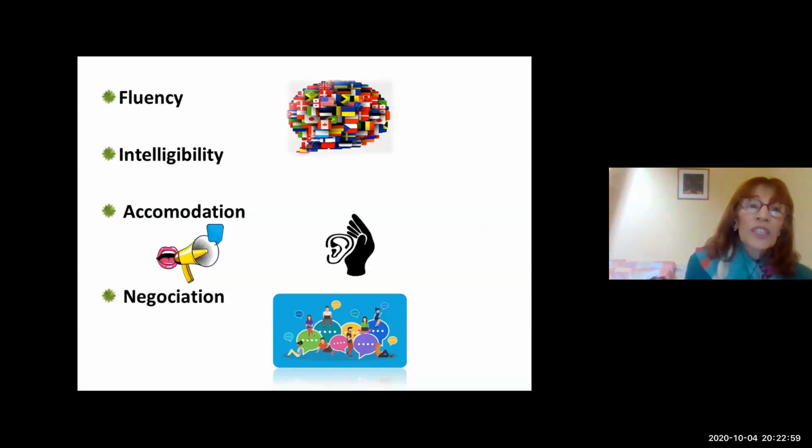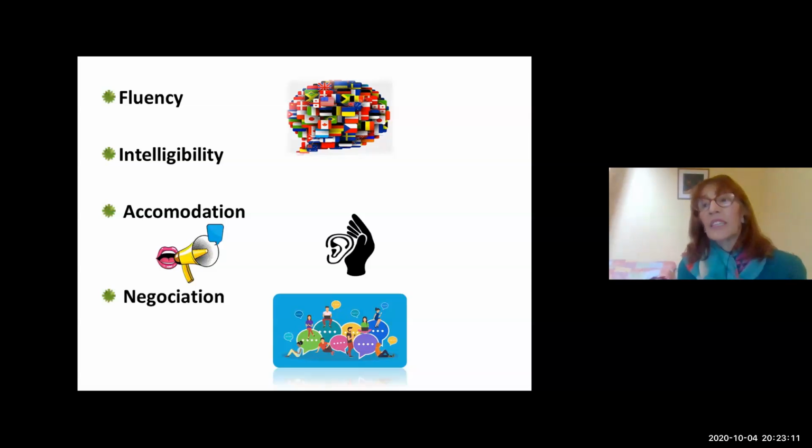Now, the students need to develop two different types of strategies: receptive and productive phonological accommodation in order to help intelligibility. The productive phonological accommodation is made by the speaker. In this way, the speaker speaks more slowly and articulates also with great care in order to be understood.